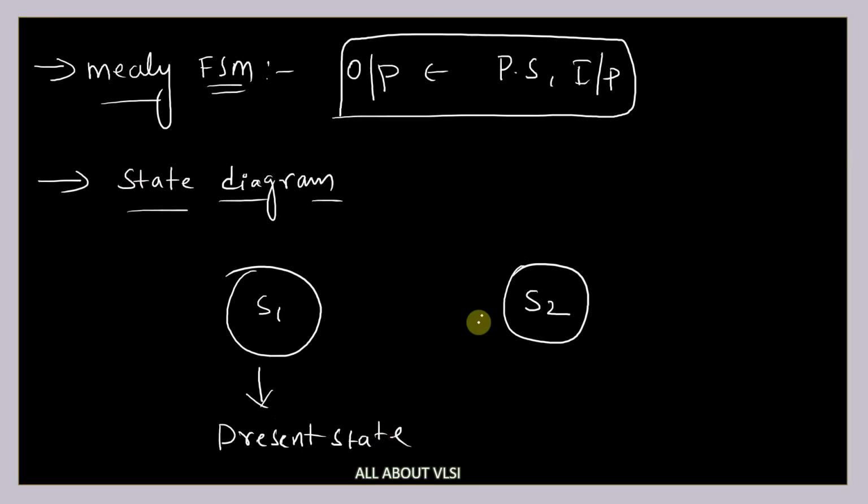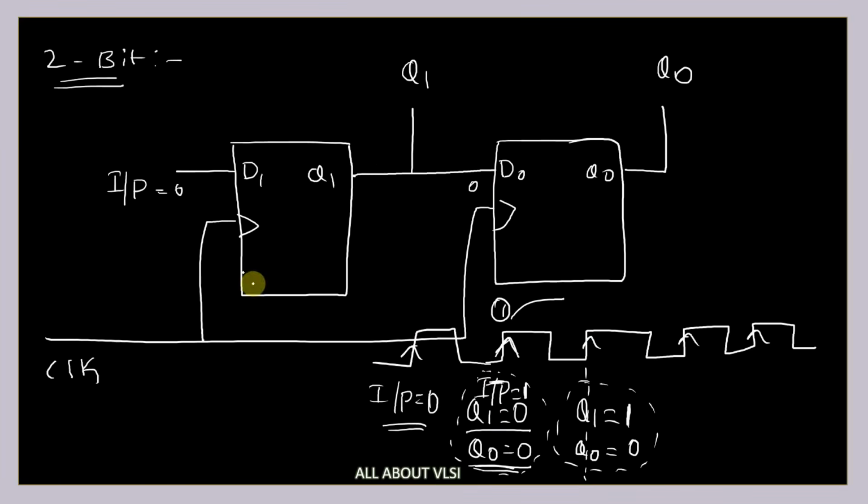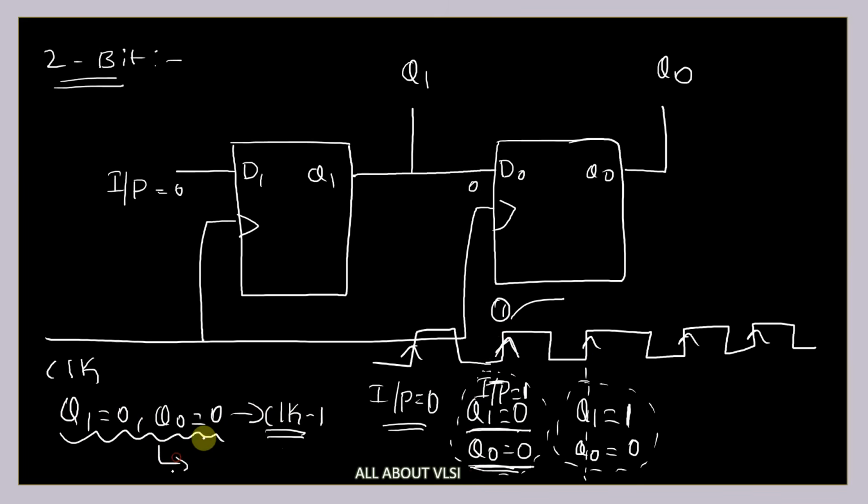Suppose in this particular circuit, presently at the first clock edge, my Q1 and Q0 are 0, 0. So Q1 is equal to 0, Q0 is equal to 0, the outputs of these flip-flops, and we represent that diagrammatically as S0.